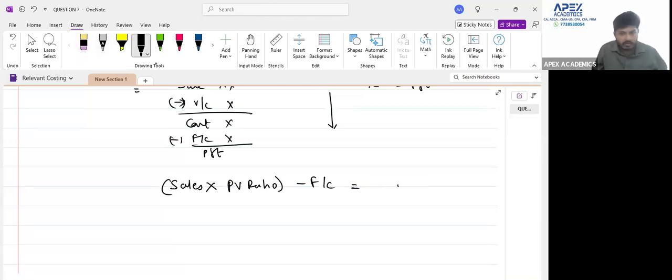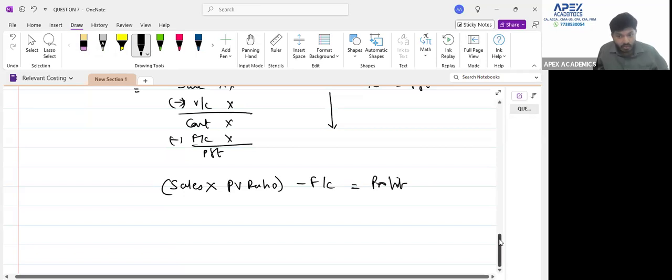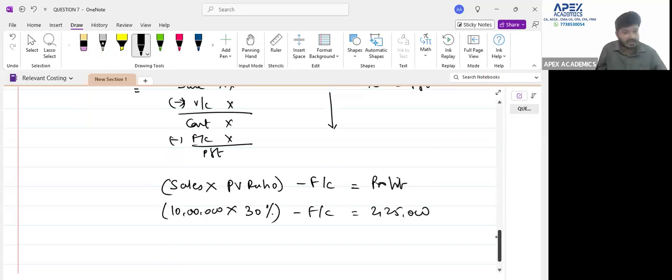I will write down profit over here. What is the sales? The sales we know are 10 lakhs multiplied by 30% minus fixed cost is equal to 2,25,000 profit जो पहले कैलकुलेट किया.